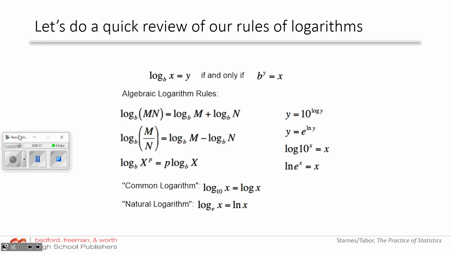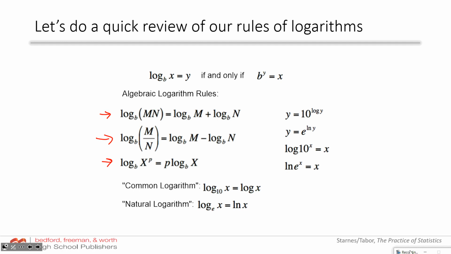Okay, so now that we have reviewed some of our rules of exponents, let's talk about our rules of logarithms. Up at the top, logarithms are really just another way to rewrite exponential equations, right? And so we have our three rules of logarithms here. I think they're called the multiplication rule, the division rule, and the power rule.